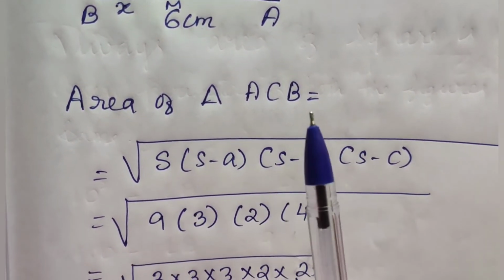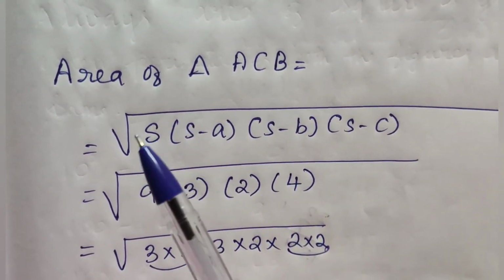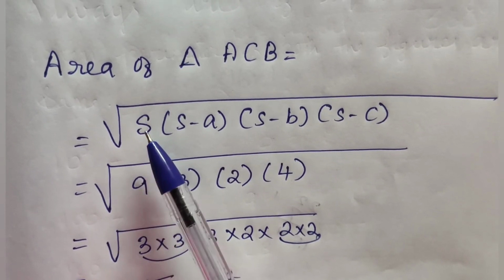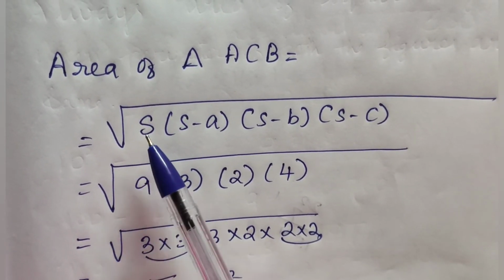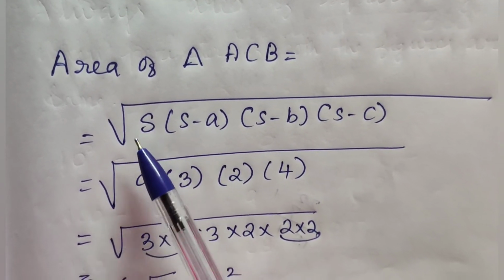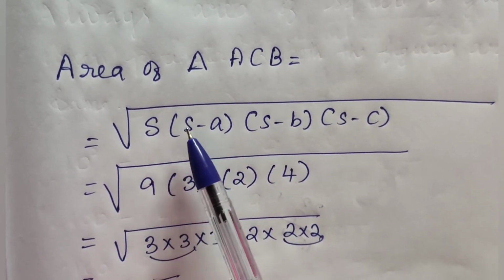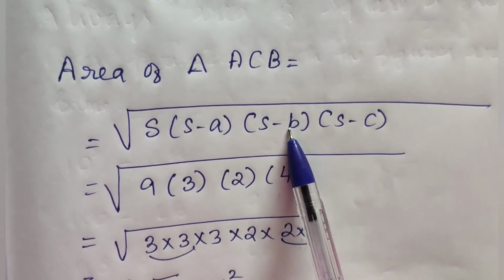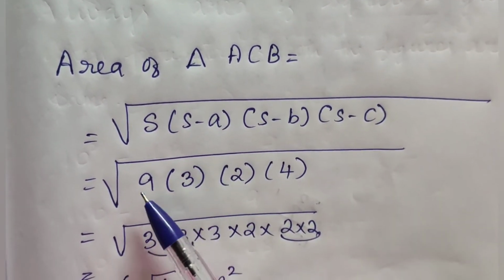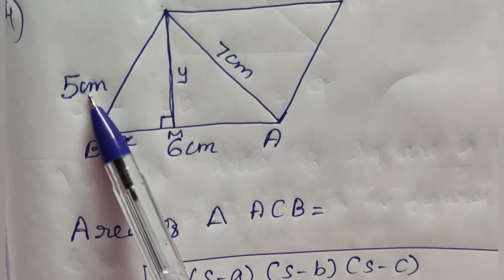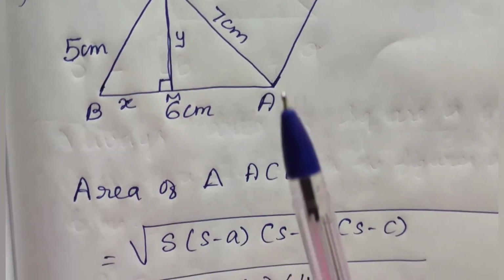So area of a scalene triangle given all the 3 sides. The formula says square root of semi-perimeter, that is side A plus B plus C by 2. Half of the perimeter is called a semi-perimeter. So square root of semi-perimeter into semi-perimeter minus A, which is first side, into semi-perimeter minus B, semi-perimeter minus C. So semi-perimeter, we got, see here, 6 plus 5, 11, 11 plus 7, 18. 18 divided by 2, 9.